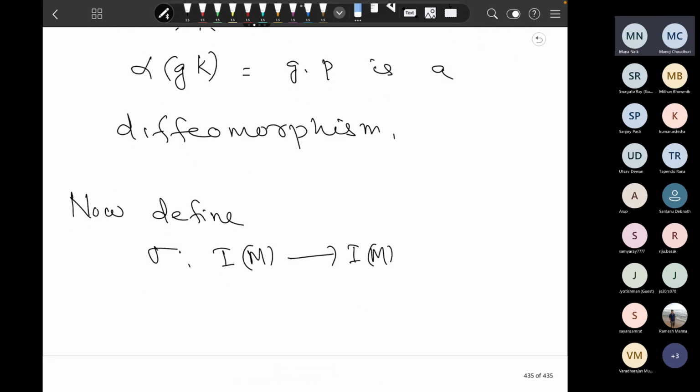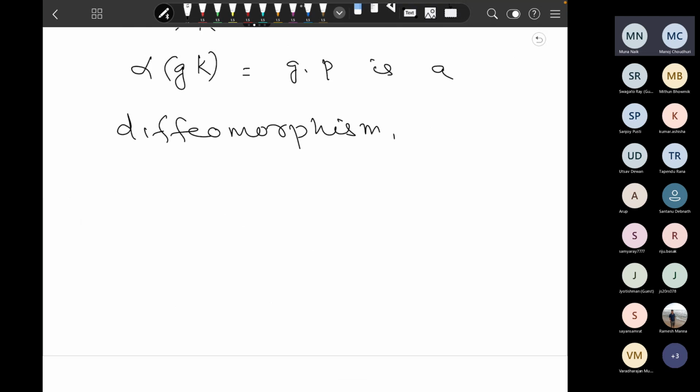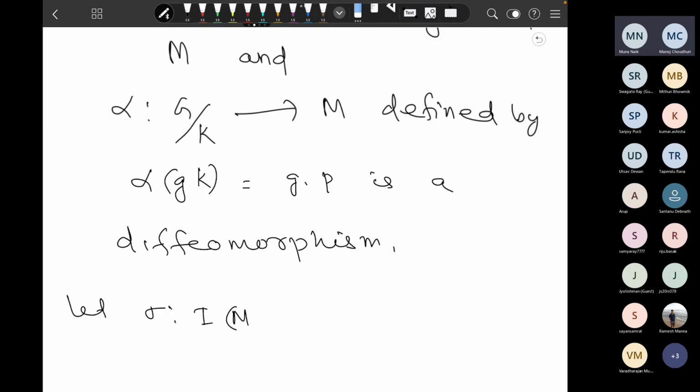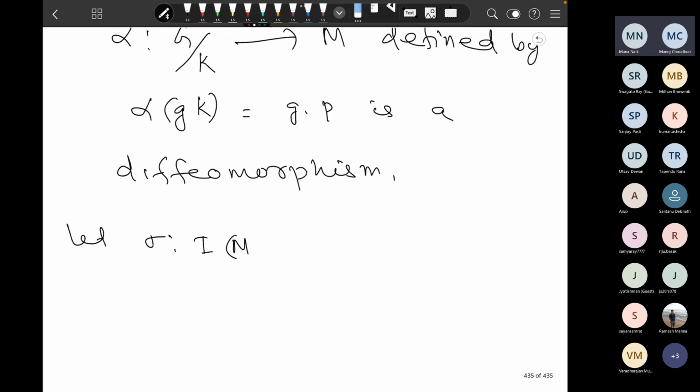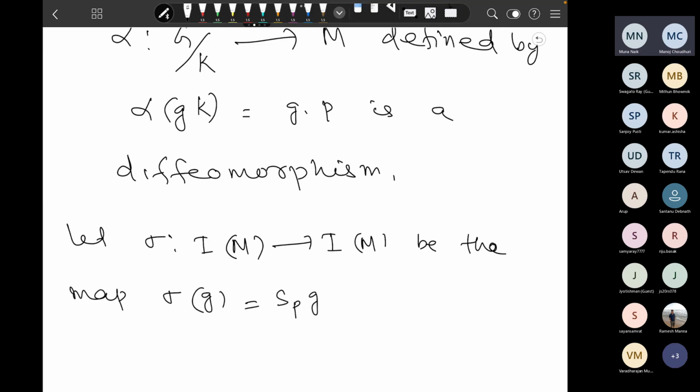Let sigma from I(M) to I(M) be the map sigma of g equal to really s_p g s_p. Okay. So we know that this s_p squared is equal to identity. Therefore, s_p inverse is equal to s_p.